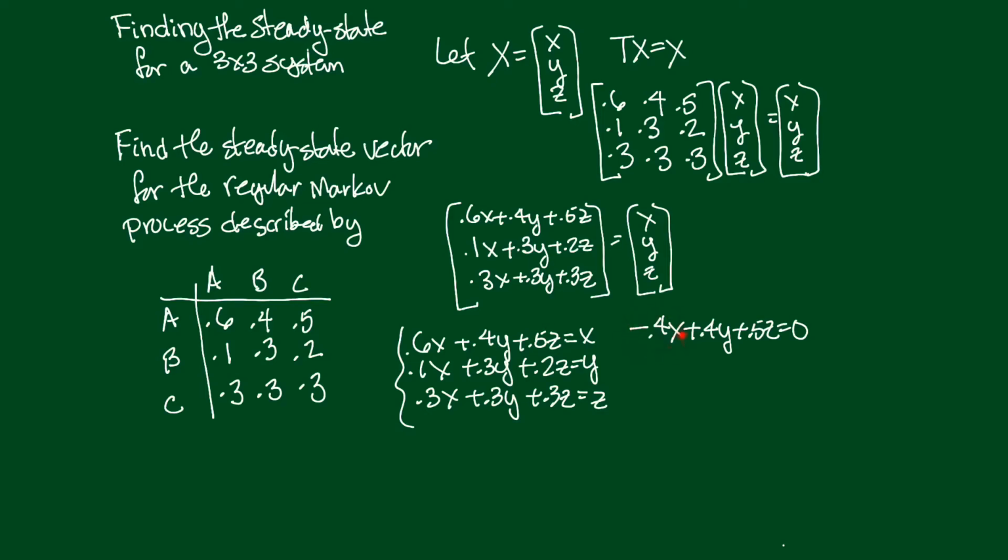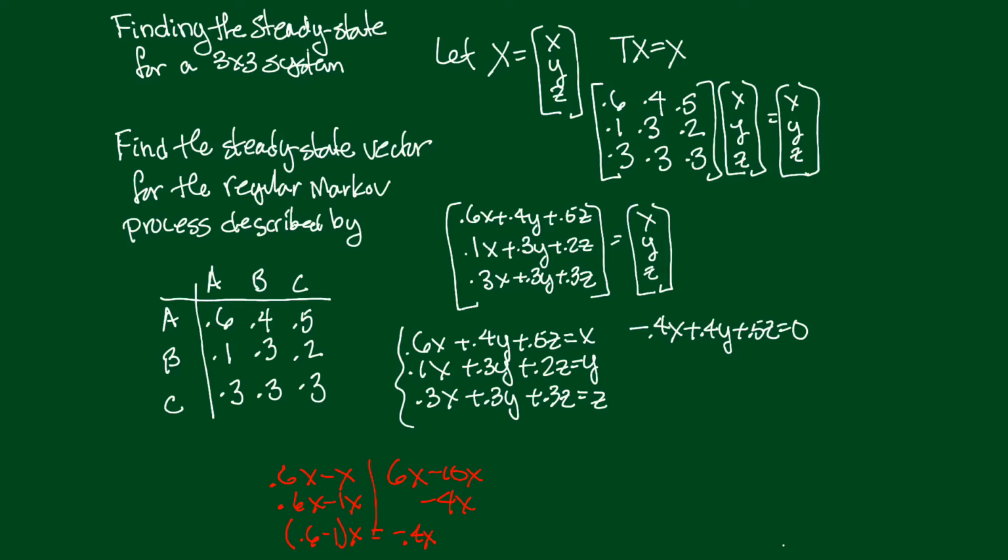Are you okay with the negative 0.4? I got that from 0.6x minus x. It's really 0.6x minus 1x, so 0.6 minus 1 is negative 0.4x. Or if you like, you could get rid of the decimals: 6x minus 10x is negative 4x, and just make it a decimal again.